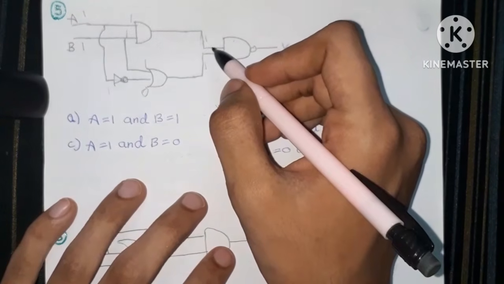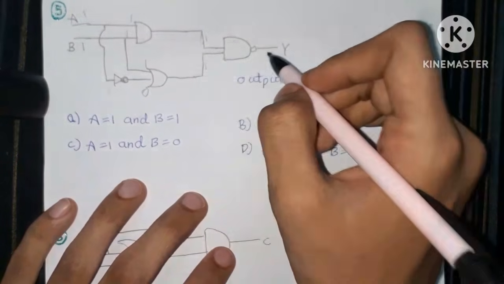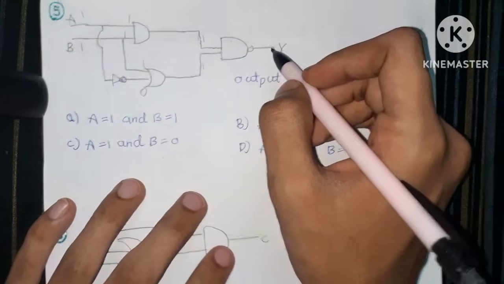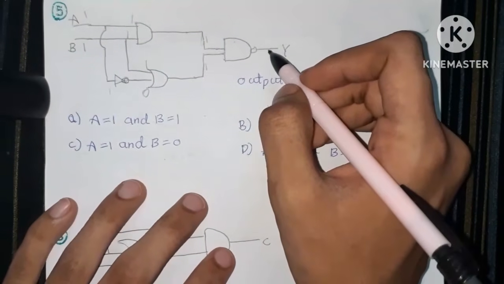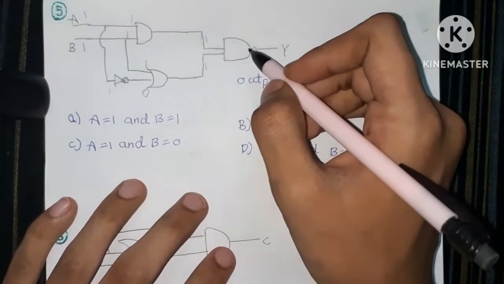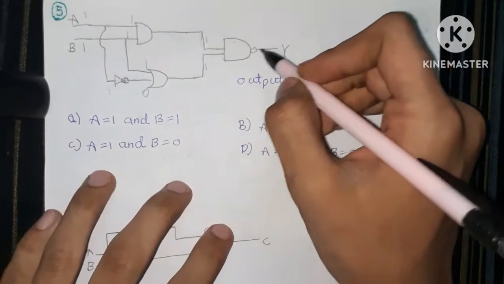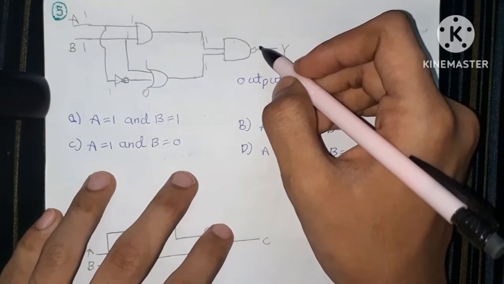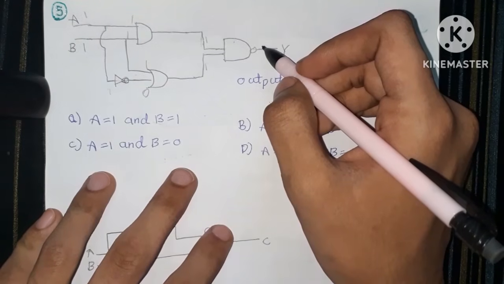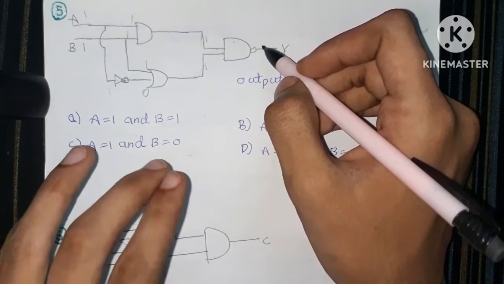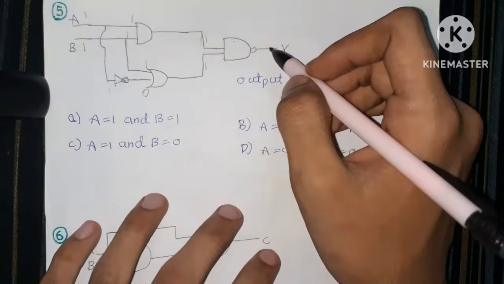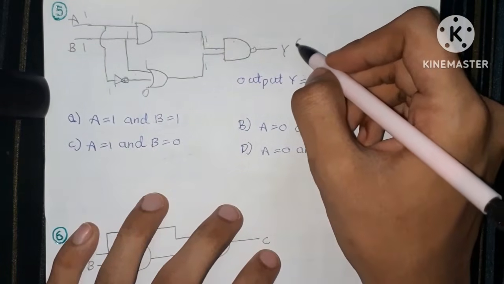If 1 and 1 is there at the NAND gate, usually the AND gate will allow 1 and 1 as 1, but here a NOT gate is there, so the output 1 will transform into 0. So we got 0 here.